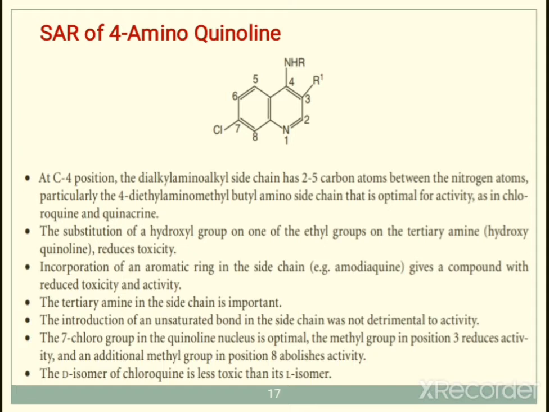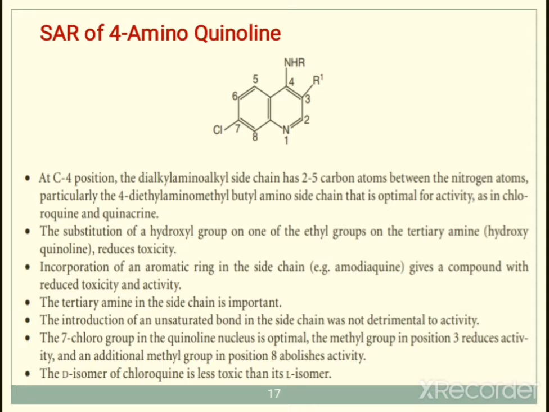The next point is that introduction of an unsaturated bond in the side chain is not detrimental to the activity, meaning it is not essential for their activity. Next point is the 7-chloro group. At the 7 position there is a chlorine group.